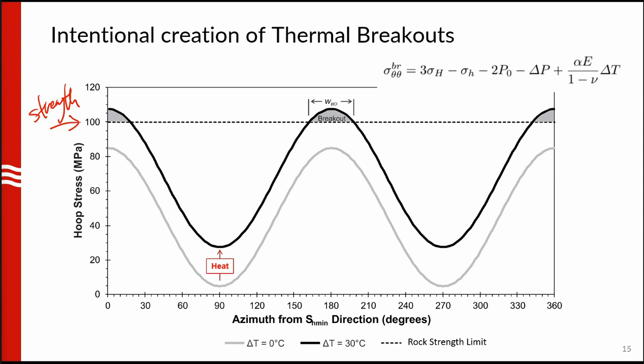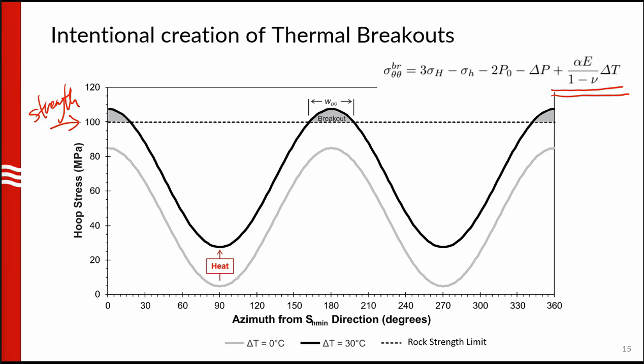Oh, it's labeled below, sorry. You can see that the gray hoop stress variation is below the 100, so you're not going to see breakouts. But if you increase the temperature of the borehole wall, you get this additional term in this hoop stress variation.